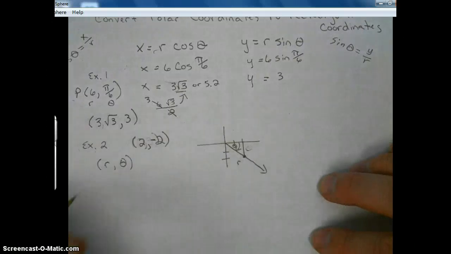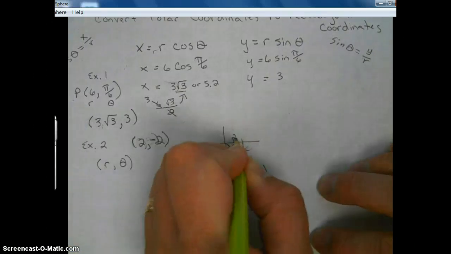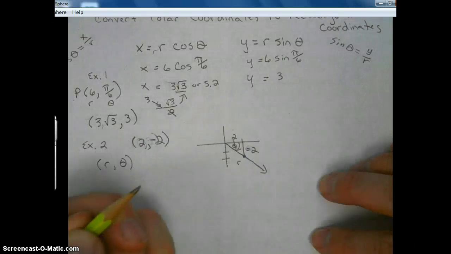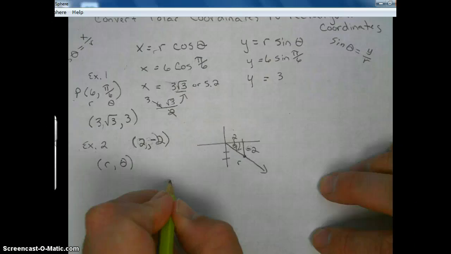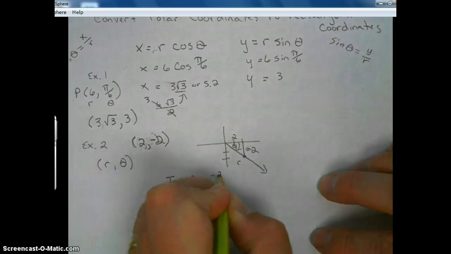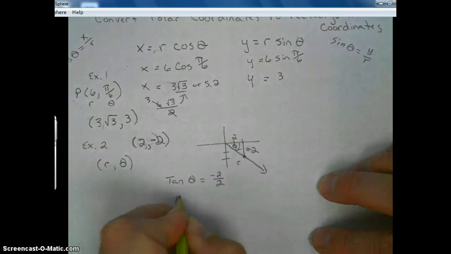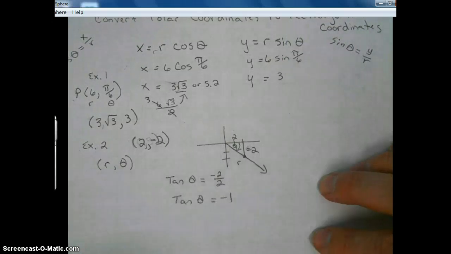First thing we need to do is we have a right triangle here, so 2 and negative 2. To find theta, we know the opposite and the adjacent. So we're going to set up tangent of theta equals negative 2 over 2. So the tangent of theta is equal to negative 1.